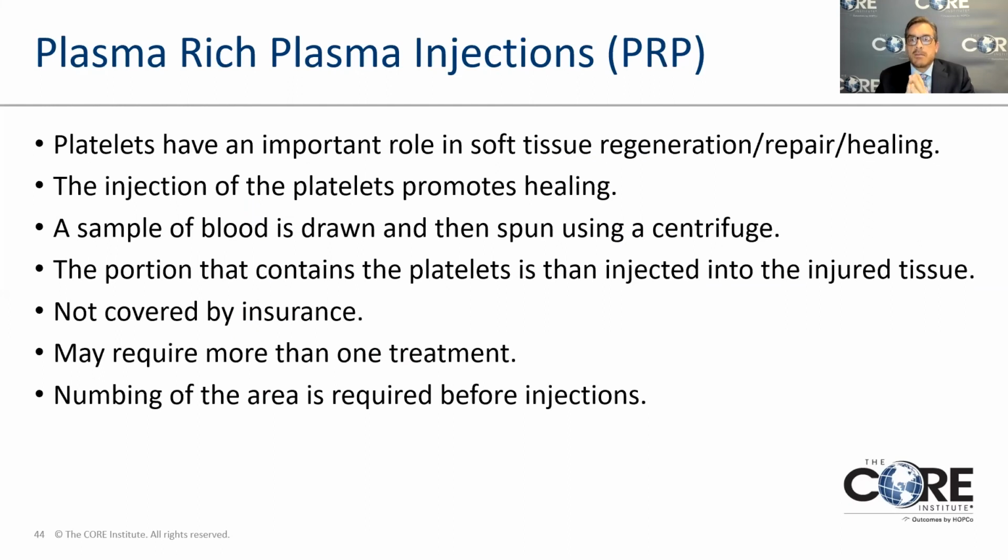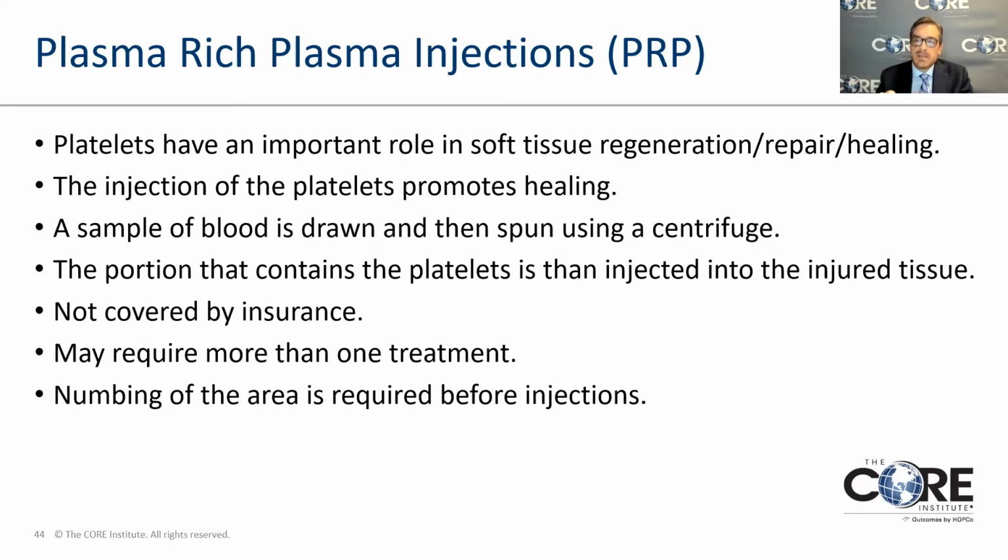Then there are platelet-rich plasma injections. There's a misprint here, I apologize. Platelets are part of our blood, of course, and they have an important role in soft tissue regeneration and repair. The injection of platelets into an injured area helps promote healing.